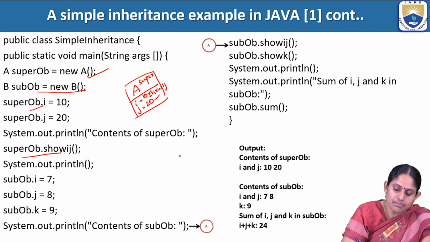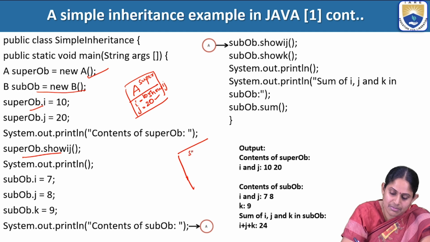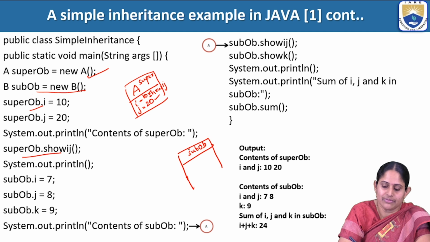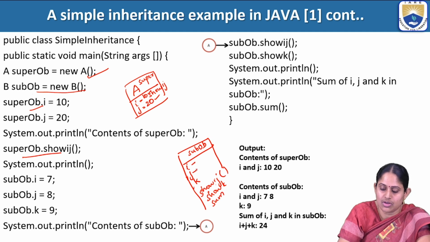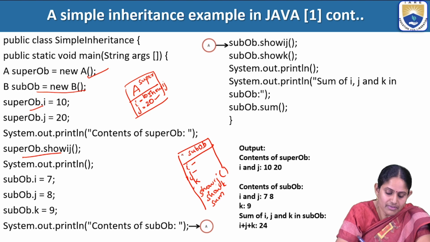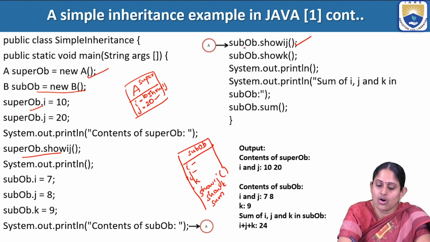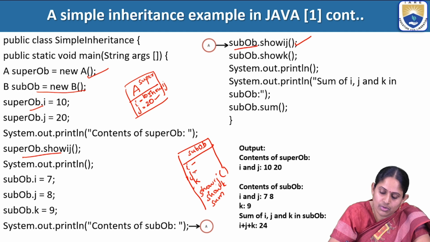Next, we have the subclass object B named sub OB. Since B is inherited from A, it will get the i value, j value and its own k value, then the show ij method, show k method, and sum method.